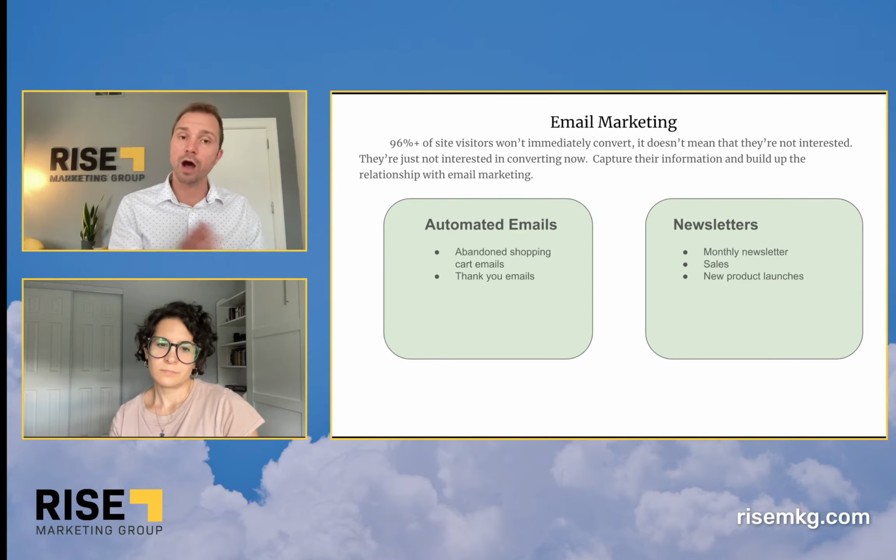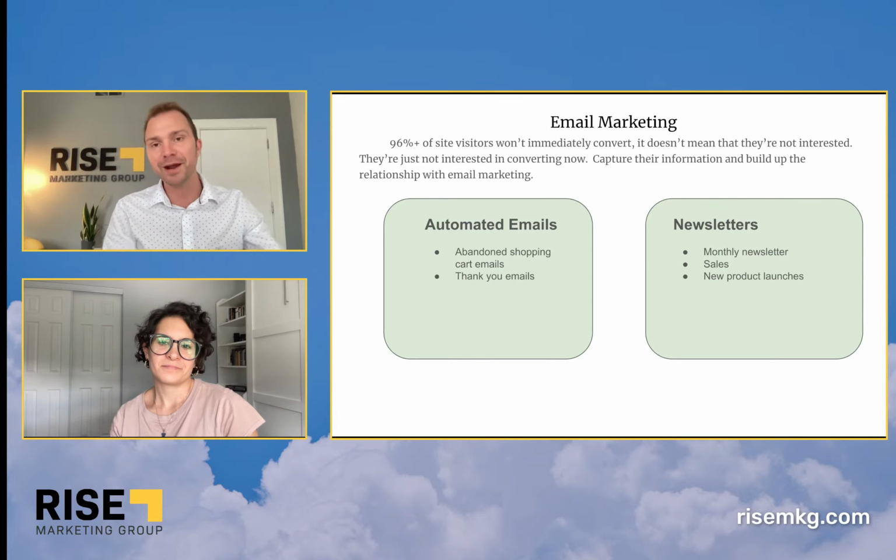Additionally, outside of automated emails, and there's even more that we could add here, is newsletters. Communicate with your audience at least monthly. It could just be a company update or product update. E-commerce generally emails way more than monthly, but if you're just getting started, at least do monthly, bi-weekly is better, weekly even better than that.